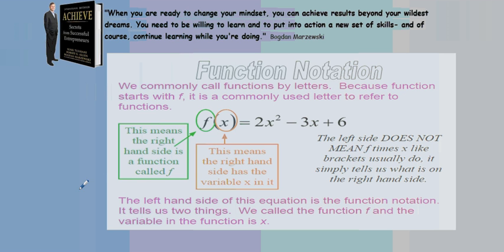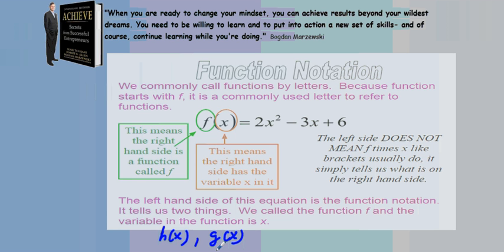Function notation. f of x is the way that we define a function. Often you will see that this is the most commonly used notation. You will also see functions where letters h or g are used, h of x, g of x, but this is the same idea.